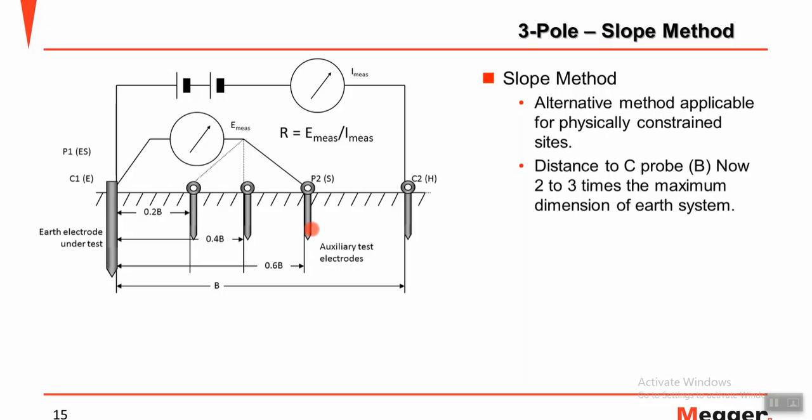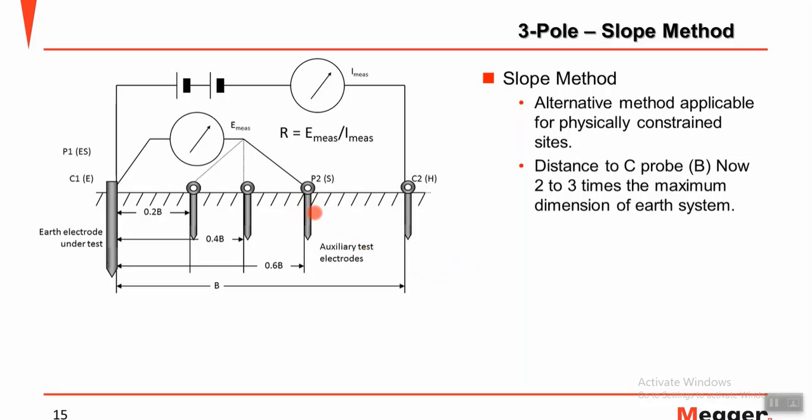As you know from the previous webinar, the rule of thumb for the distance of the C probe is 3 up to 5 times the size of the grounding system. So if you have a grounding system of maybe 2 meters square, you need to put the C probe around 6 up to 10 meters from your grounding system.